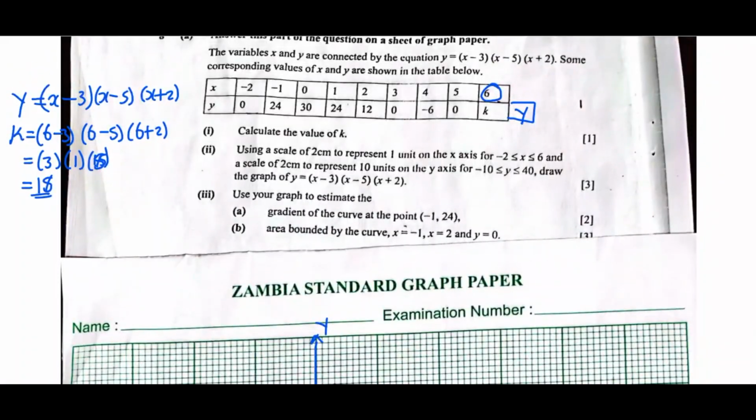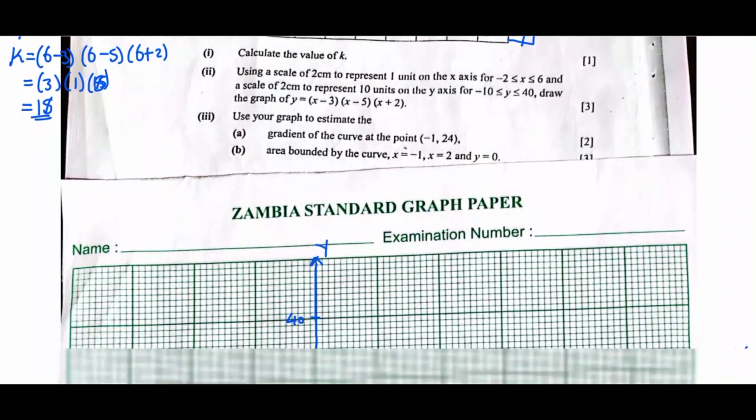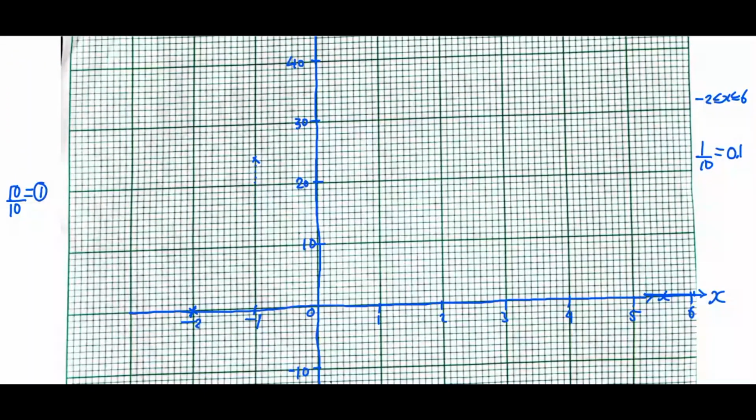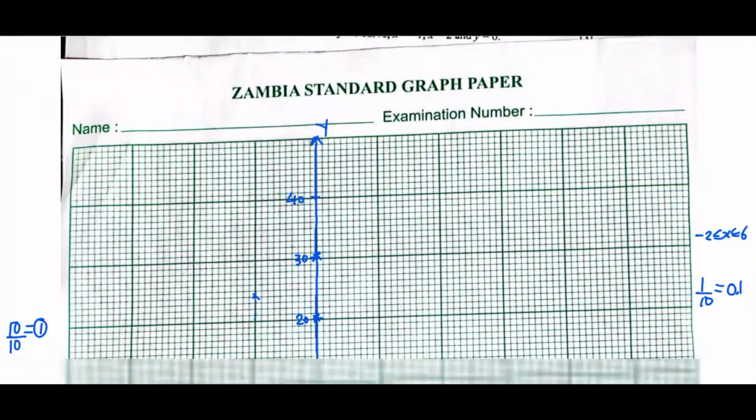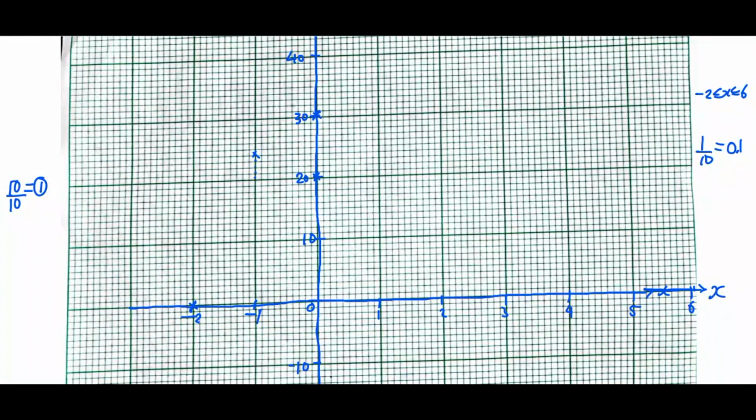Then we have 0, 30. Sorry, the 30 is here. So 0, 30 is there. Then we go to 1, 24. Positive 1, 24. So 1, 2, 3, 4 here.